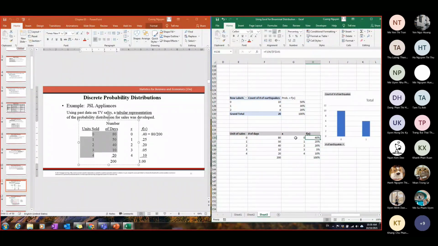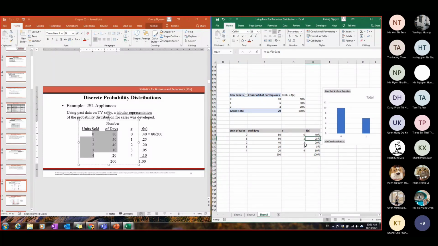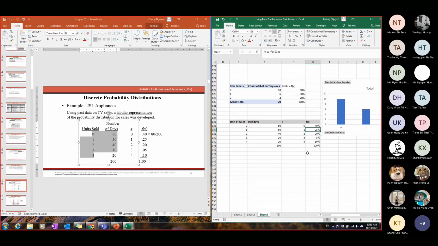You see the probability that we sell 0 TVs per day will be 40%. The probability that we can sell 1 TV will be 25%. You see like that. So you can say, oh, we have a very high probability that we can sell nothing a day, up to 40%.